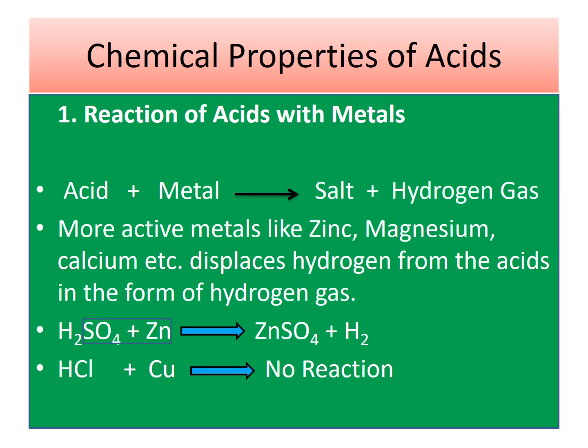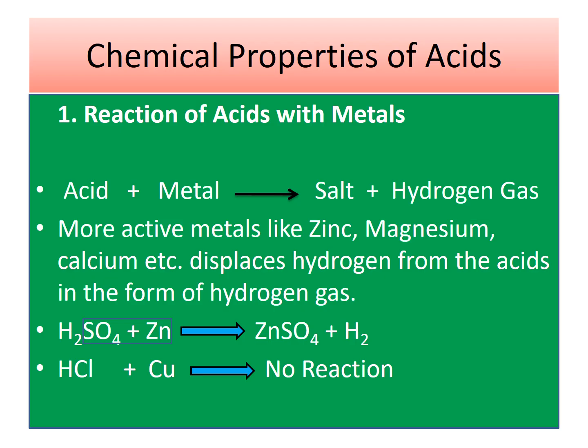But since copper is present below hydrogen, if it is treated with the hydrochloric acid or the sulfuric acid, it will not be able to displace hydrogen from the acid. That's why there will be no reaction. So remember students, whenever the question comes, what happens when?